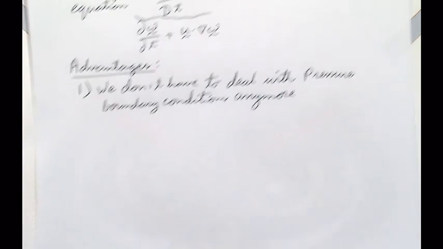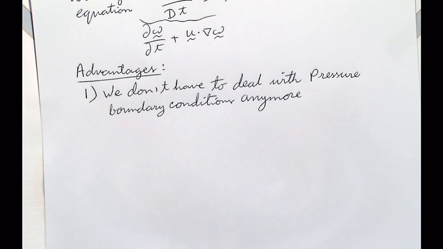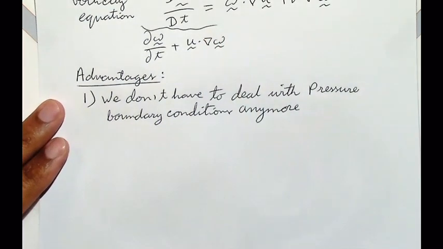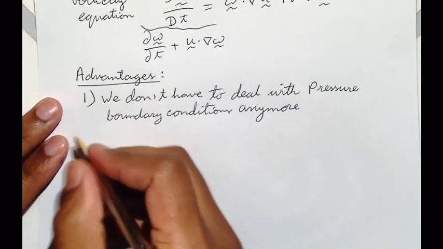In the normal momentum equation, the pressure term is the most problematic term. In vorticity form, we no longer have to deal with that.